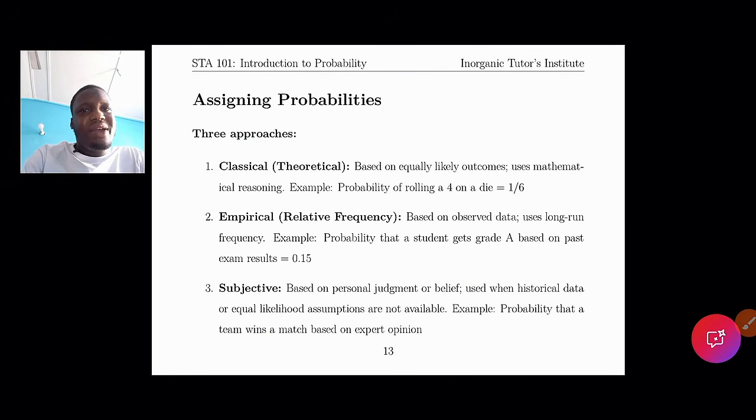You know that there are red balls in it and you know that there are black balls in it, but you don't know the percentage which are red and the percentage which are black.